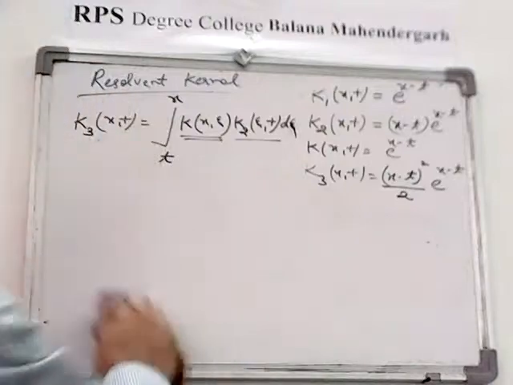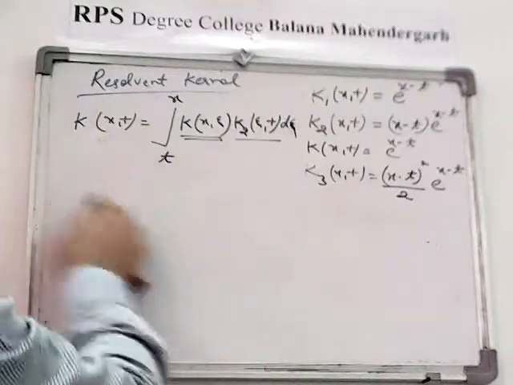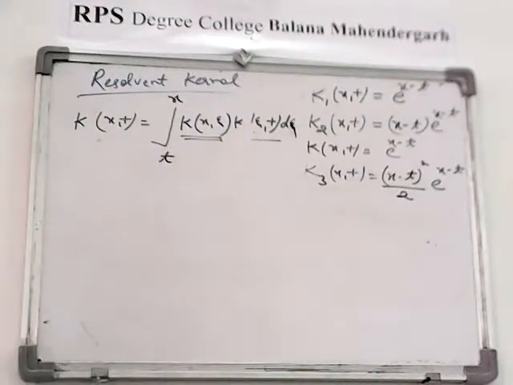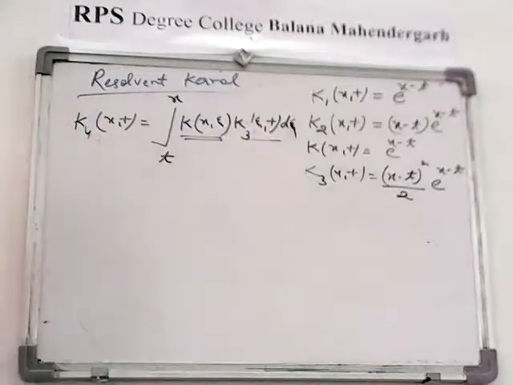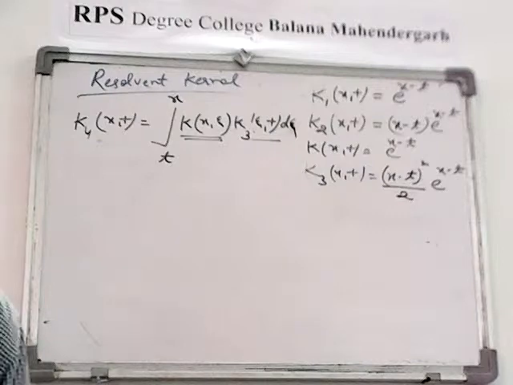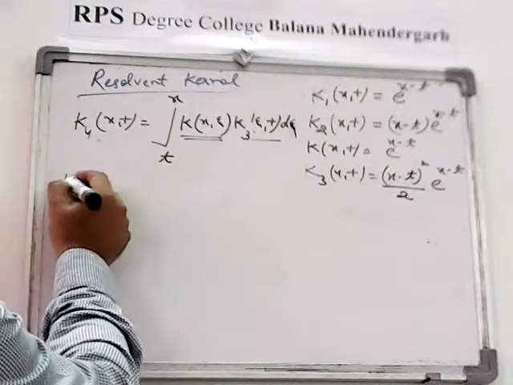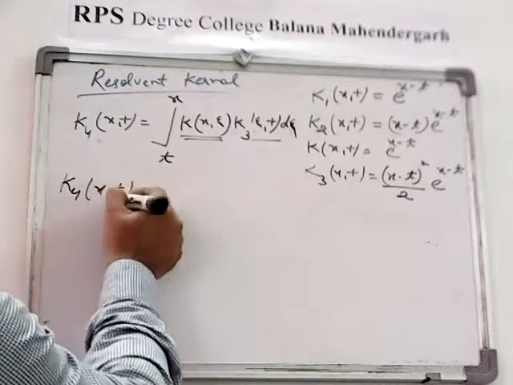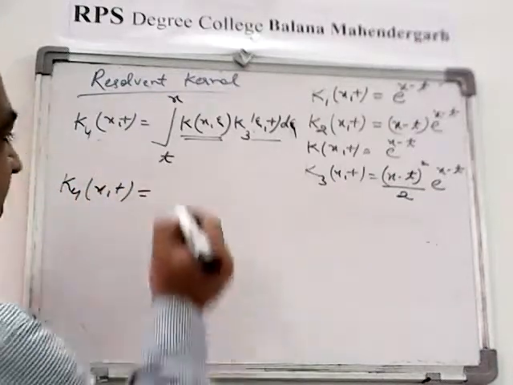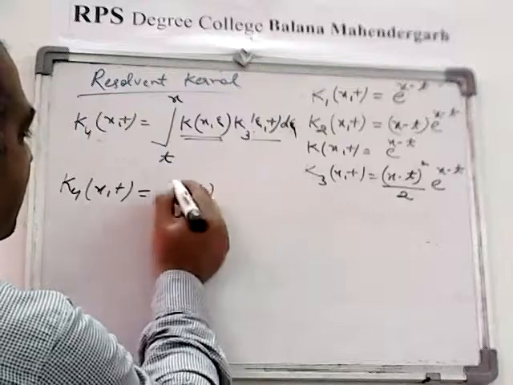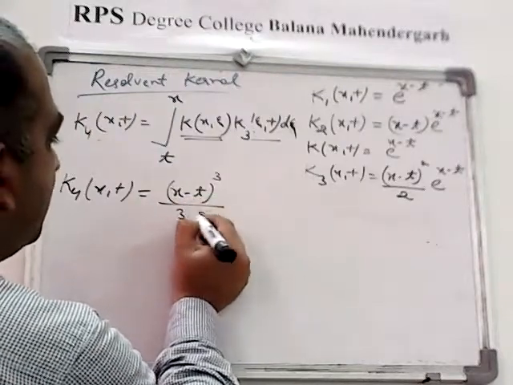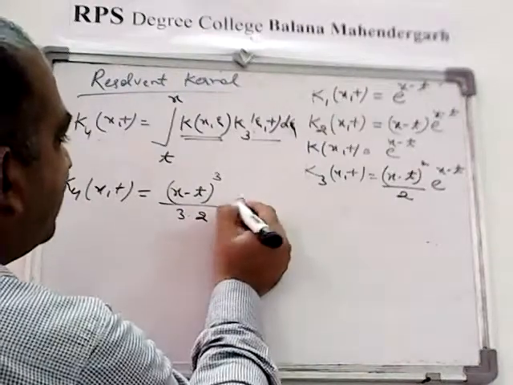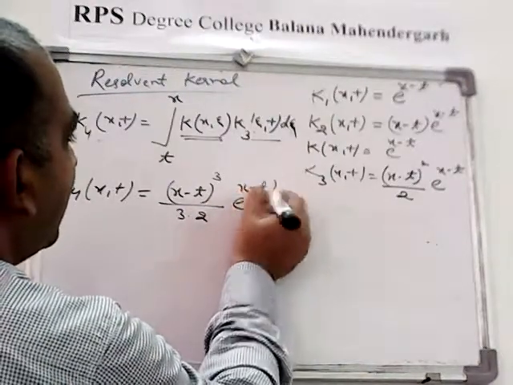Similarly, when we try to find out k4, then we will have this formula. We are well aware of the value of k3. So after simplification, k4(x, t) is equal to (x minus t) whole cube divided by 3 into 2, then we will have e raised to power x minus t.